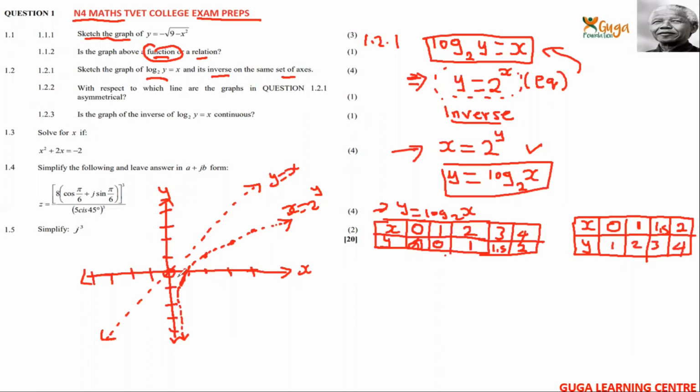So let's plot the original function. The original function here you've got 0 is 2, 1 is here, 0 is this one here, and then 1 is to 2, right?